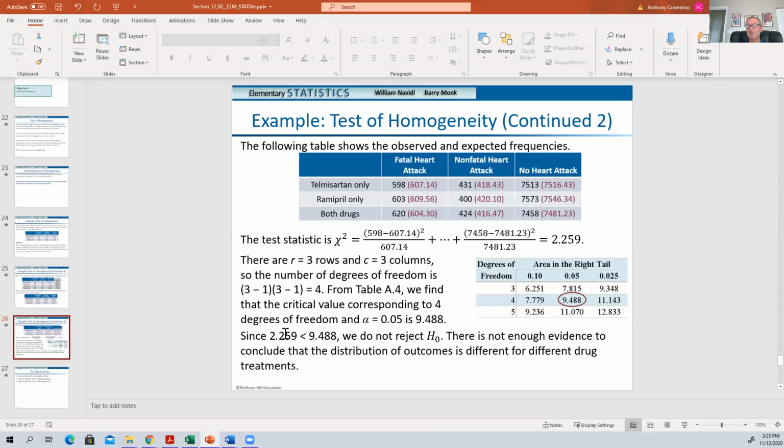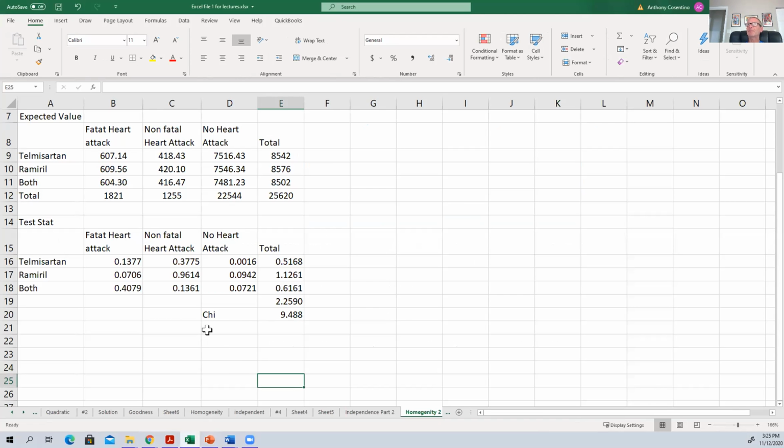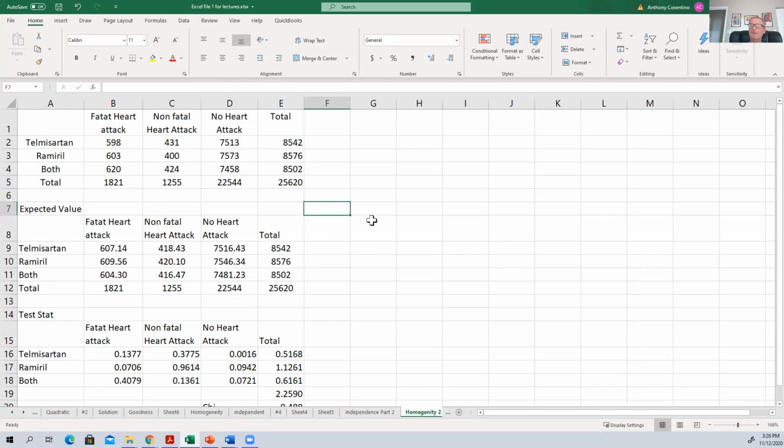And so that's not good if you're hoping to get a better outcome with the 2 drugs compared to each single drug. But let's use the spreadsheet to calculate the p-value. So what is the p-value? So let's do this up here, p-value.